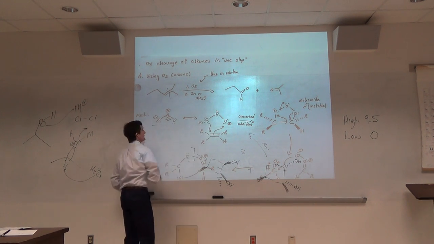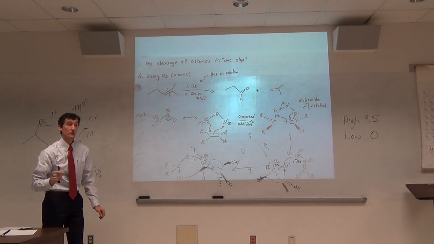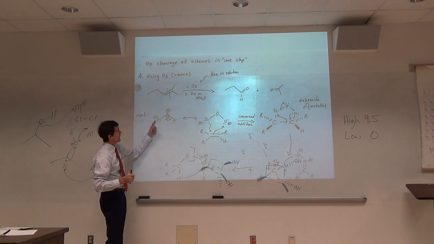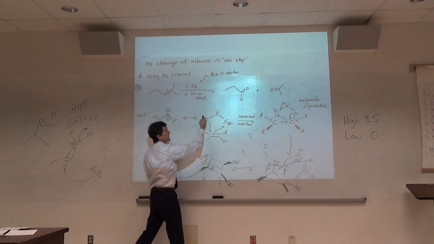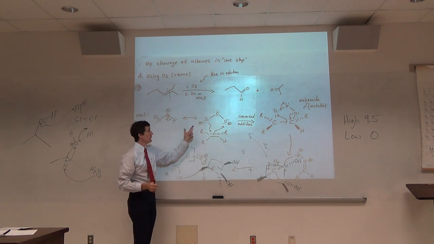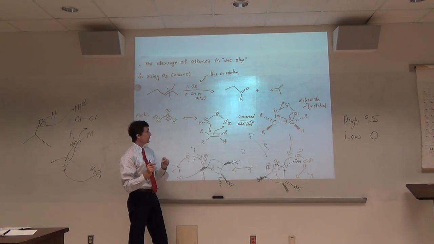Mechanism for this: you need to be able to show a Lewis structure for ozone. It's going to be dipolar. You can move these electrons here and get this resonance structure with a minus and a plus. At this point, we can do what looks like a Diels-Alder.